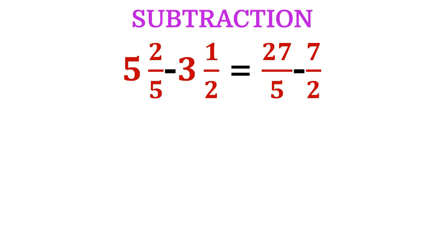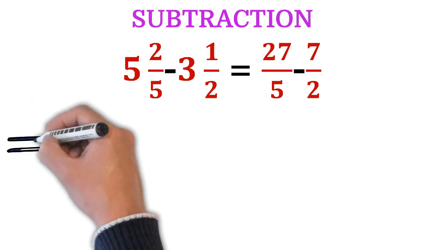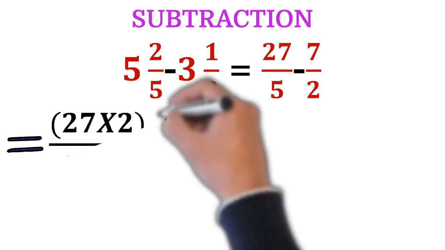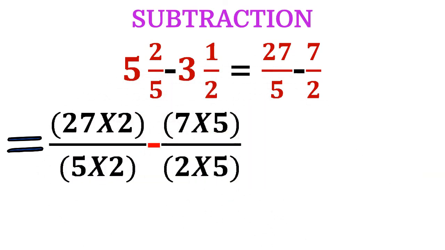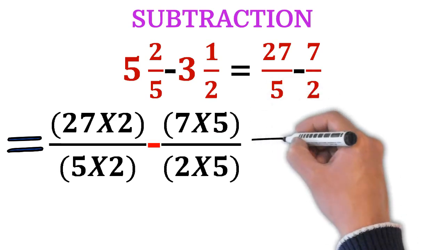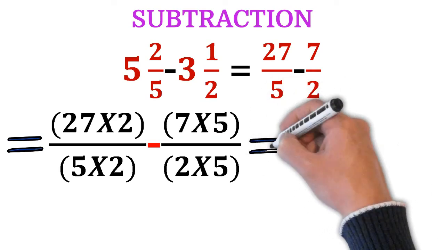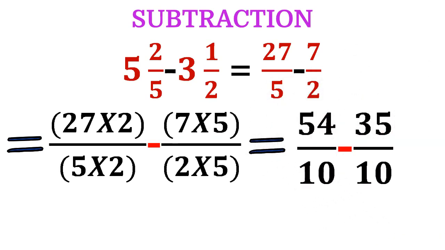That is 27 by 5 minus 7 by 2 equals 27 multiplied by 2 divided by 5 multiplied by 2 minus 7 multiplied by 5 divided by 2 multiplied by 5. That is equal to 54 by 10 minus 35 by 10.